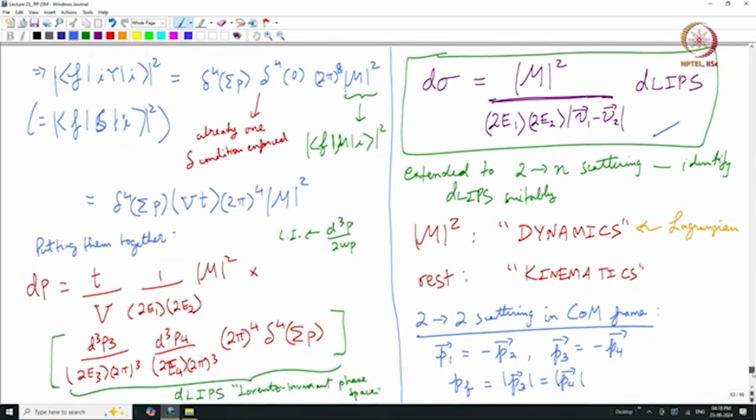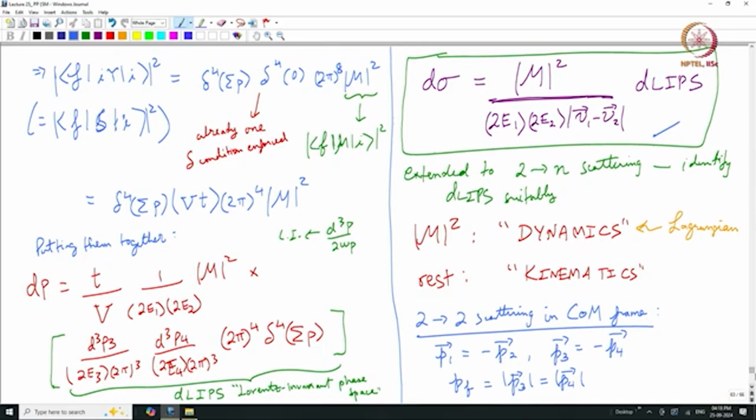Then we put all these moving parts together to obtain the differential cross section in terms of the Lorentz invariant phase space, and removed the Lorentz variant parts outside, correct.